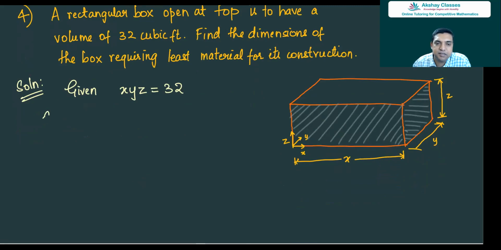Now surface area, we'll denote as S, is X into Z, this portion, front and back, so twice, plus Y and Z, right and left, so Y times Z twice.